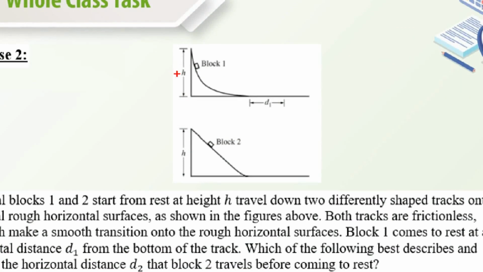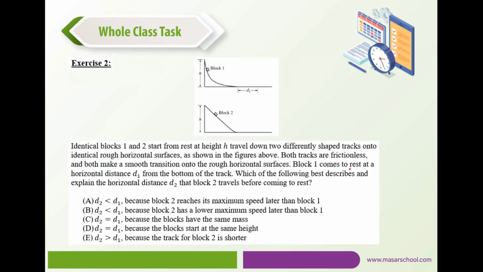Now here we don't have friction, and here we have a rough surface, which means we have friction. Block 1 comes to rest at a horizontal distance d1 from the bottom of the track. Which of the following best describes and explains the horizontal distance d2 that block 2 travels before coming to rest? So block 2, whenever it reaches this point, it will come to rest after a horizontal distance d2.